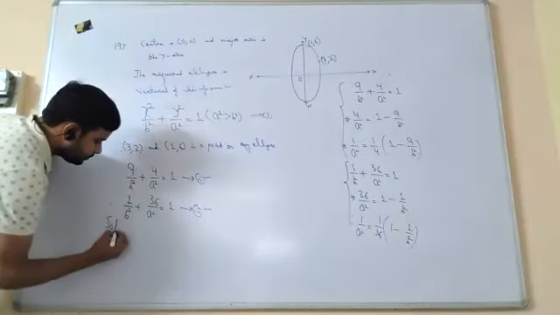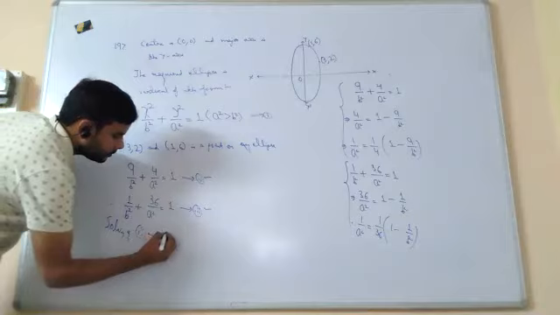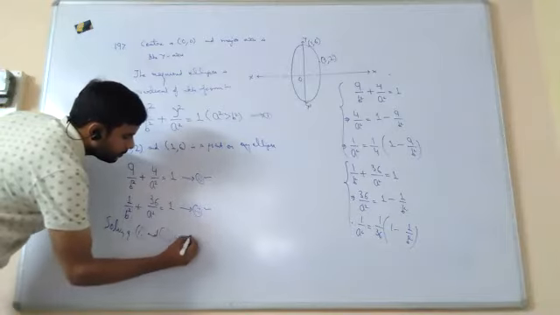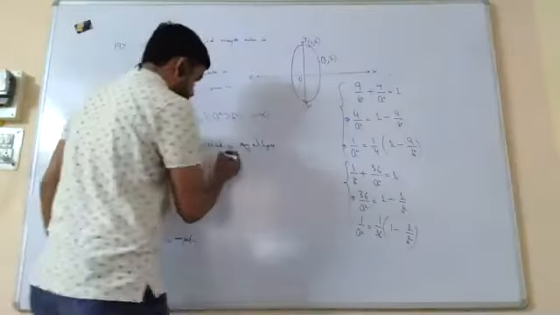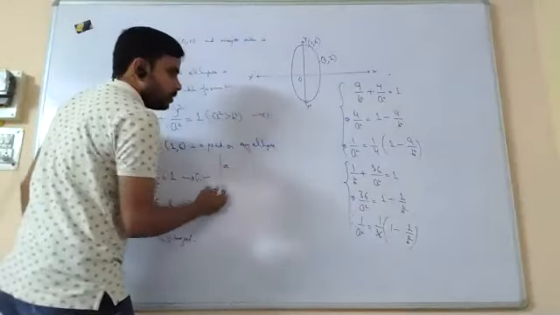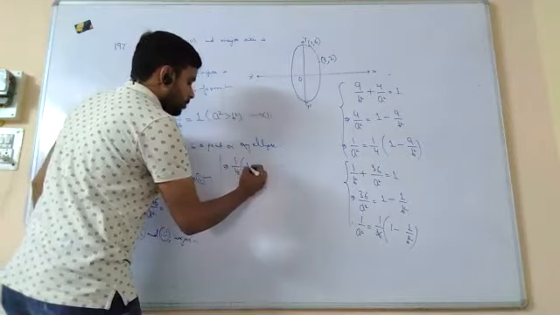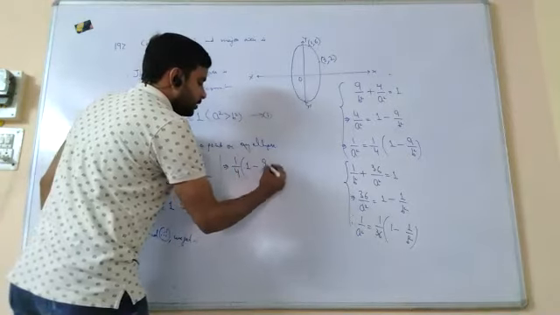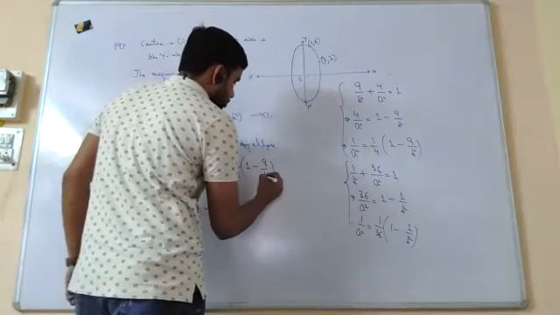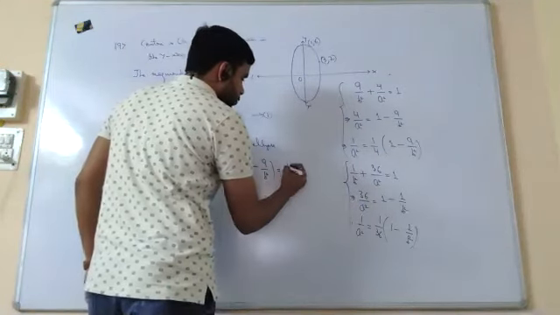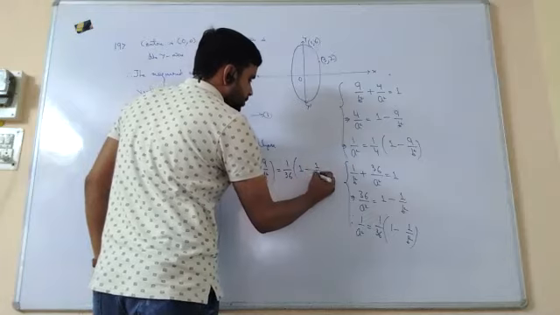Solving equations 2 and 3, we get 1 by 4 (1 minus 9 by b square) equals to 1 by 36 (1 minus 1 by b square).